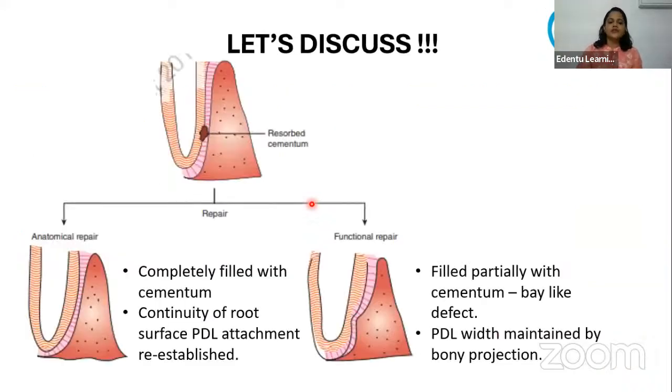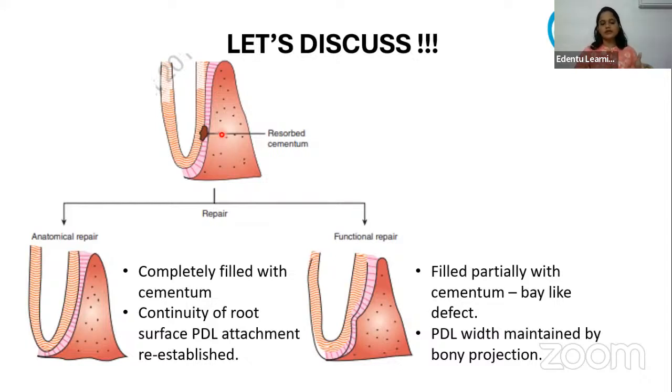So in case of any trauma to the cementum, as I had already mentioned, cemental tears and all of those can happen. In case of any trauma, the cementum has the capacity to regenerate itself. There are two ways by which the cementum repairs itself. One is called the anatomical repair, and the other is called the functional repair.